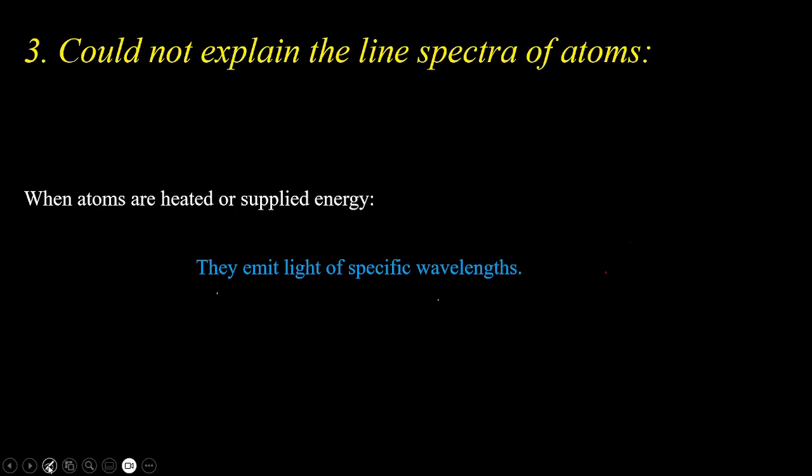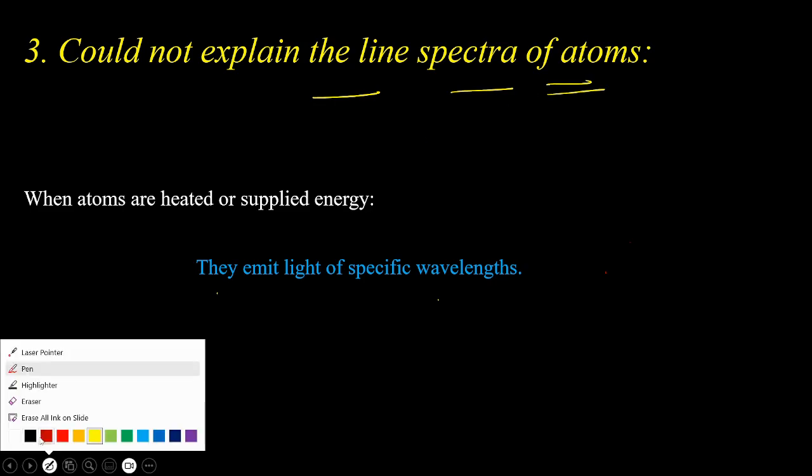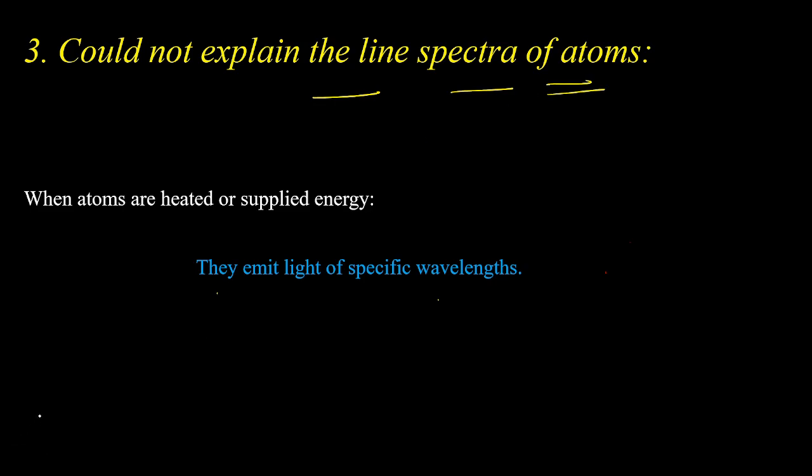Rutherford's atomic model could not explain the line spectra of an atom. Okay. To understand this point, you have to first understand what a spectrum is. Now, before teaching you what a spectra is, I would like to give some information about light.